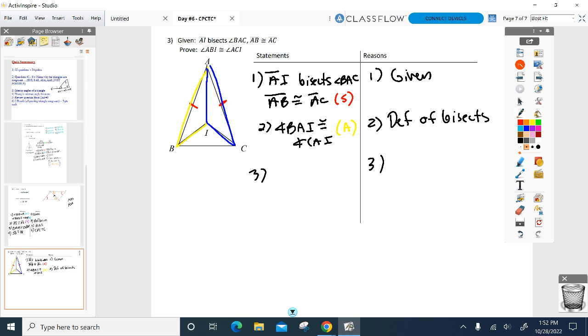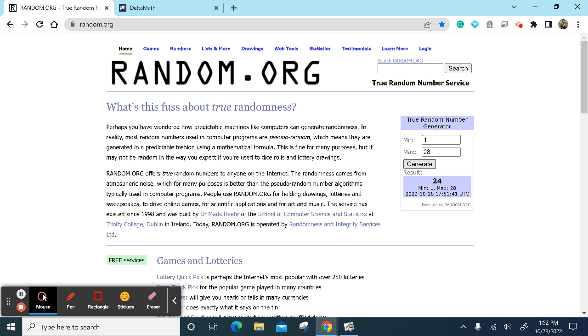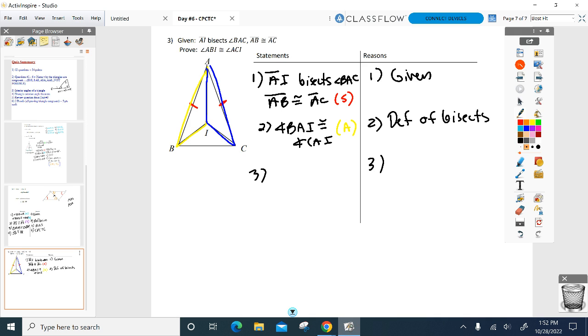Where's that other pair of sides or angles going to come from? AI is congruent to AI. There we go, because of the reflexive. Yep. Got it. And there is another pair of sides. I got everything I need. Now I just got to write the correct statement with a correct reason.